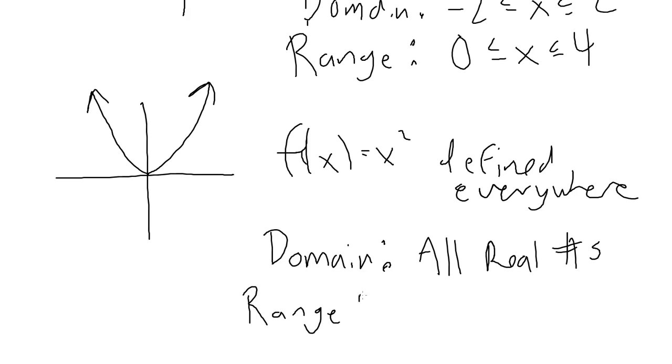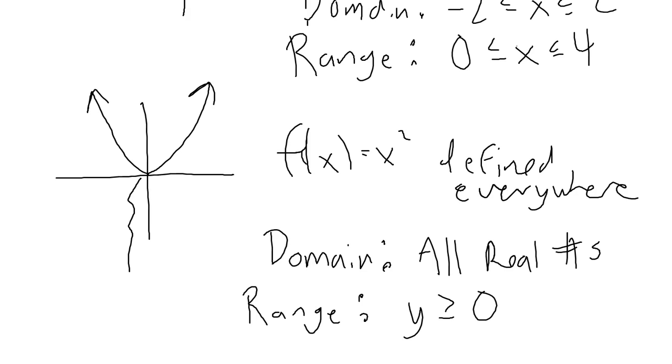But the range, we can see that we never get anything negative as an output, but we can infer from this graph that since it goes on forever, upwards and to the right and upwards to the left, that we do get every output bigger than 0. So the range is going to be y is bigger than or equal to 0.